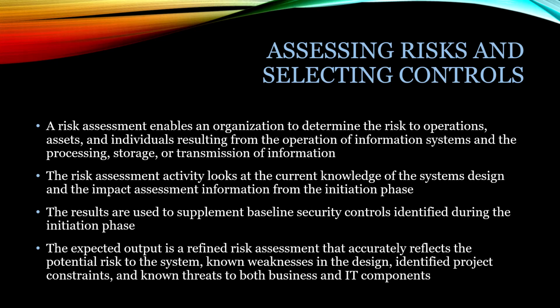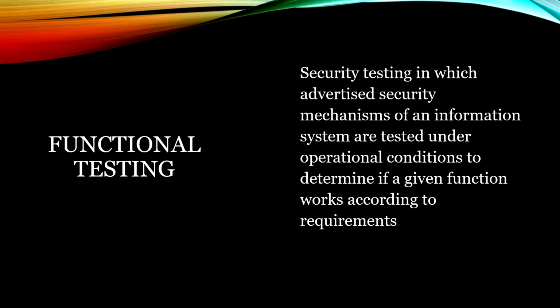That includes moving into the functional testing. So as we have data, as we are looking at securing it, how do the different functions actually work together? So security testing will exercise certain mechanisms for protection under very specific operational conditions to determine a given function works as required.